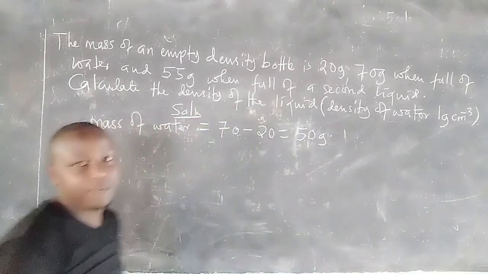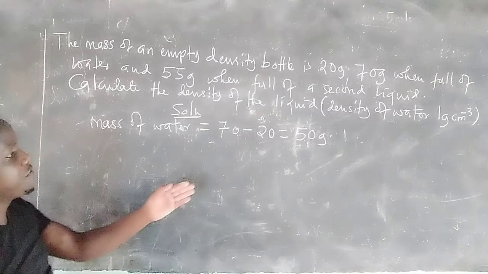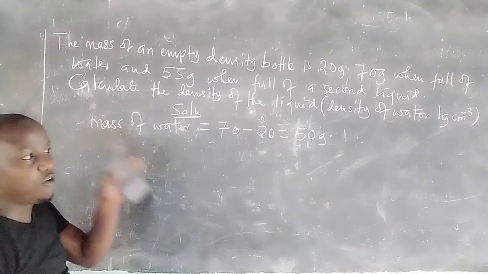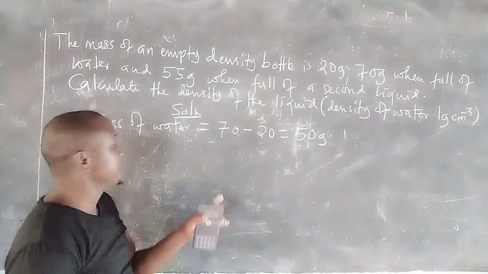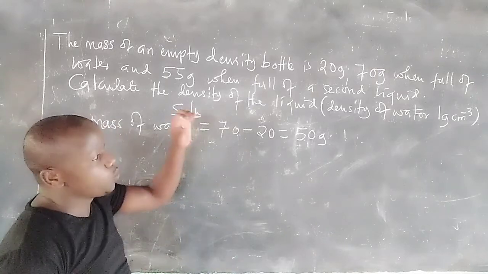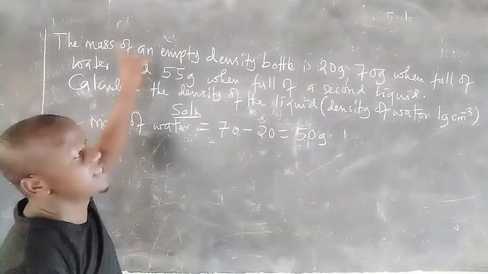And if we know the density of water, then it means volume of water can be determined. This means if we can determine volume of water, that water is the one which has filled the density bottle.